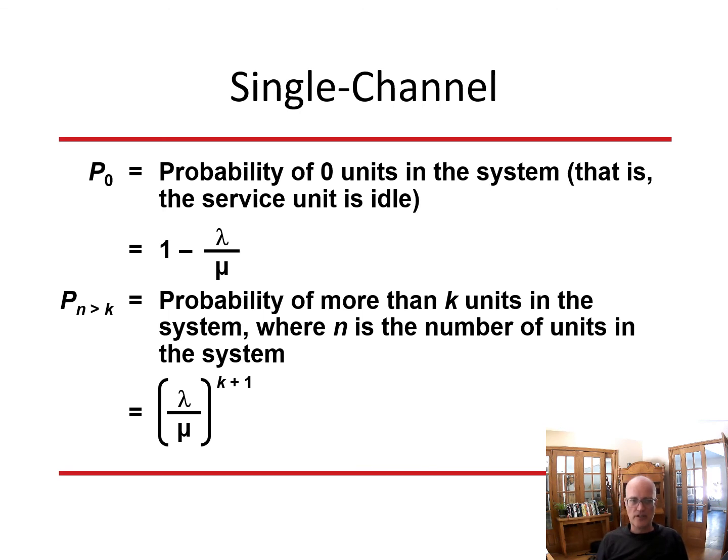The probability that n is greater than k, the probability of more than k customers in the system, where n is the number of units in the system, you can either do it by that formula I showed you before, the sum of all of those individual ones, or you can use the utilization to the k plus 1.